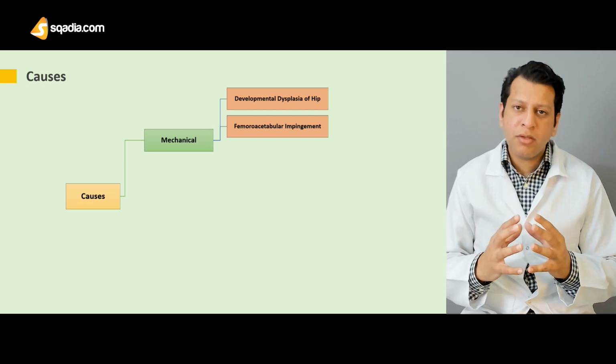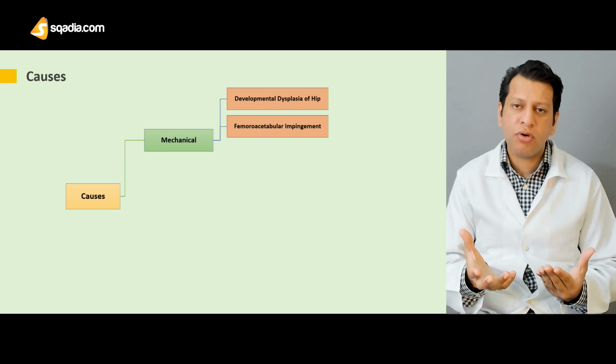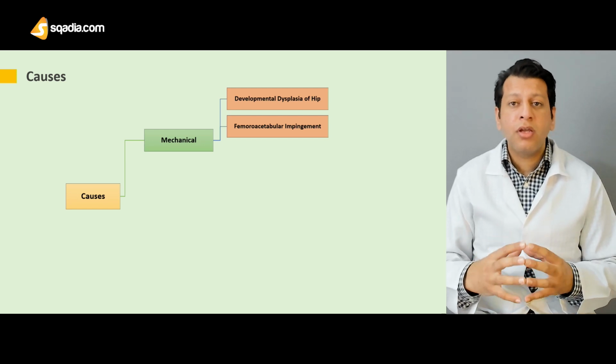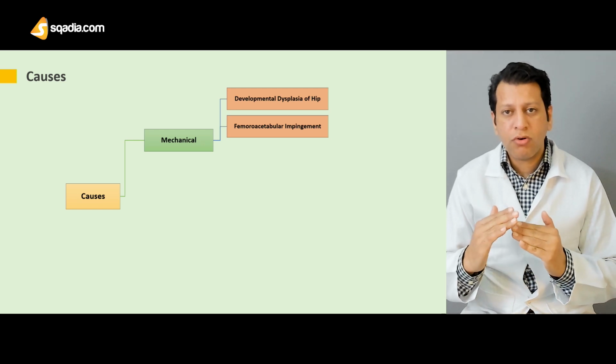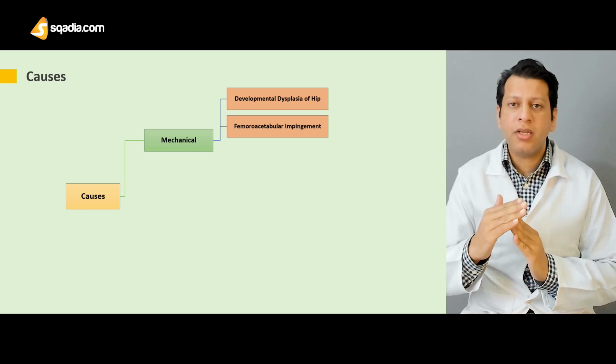Therefore, once these impinge on each other due to any abnormality of the acetabulum or of the femoral head or neck, this can lead to labral tears and cartilage degeneration, because at certain points they will cause the cartilage and labrum to grind between each other, leading to tears.